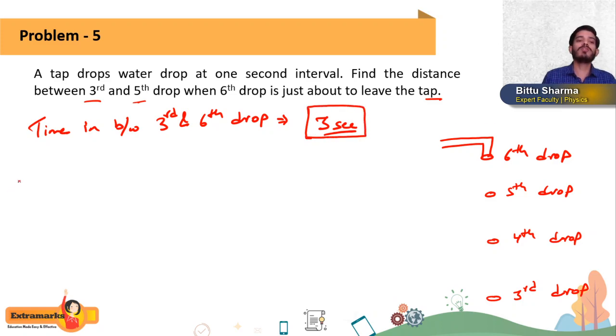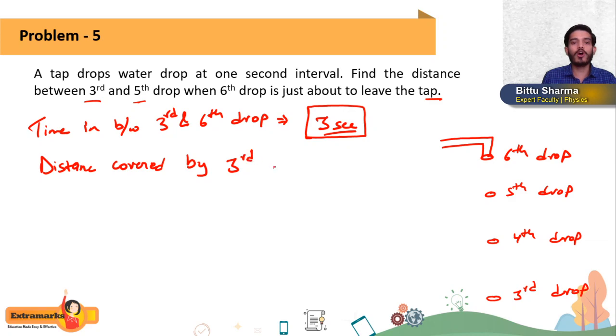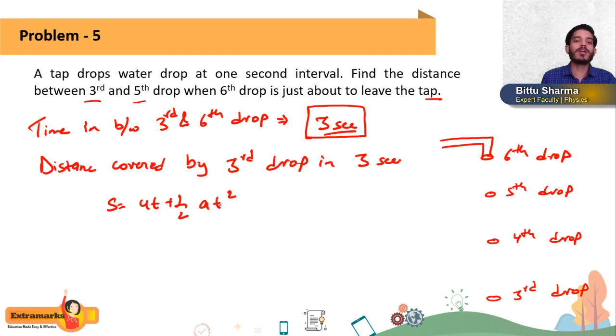What we can do, students, we can calculate the distance covered by the third drop in 3 seconds. How can we calculate the distance, students? s = ut + 1/2 at². Now as the displacement is negative here, we don't know the distance, let us say it is minus s, equal to u, the initial speed.